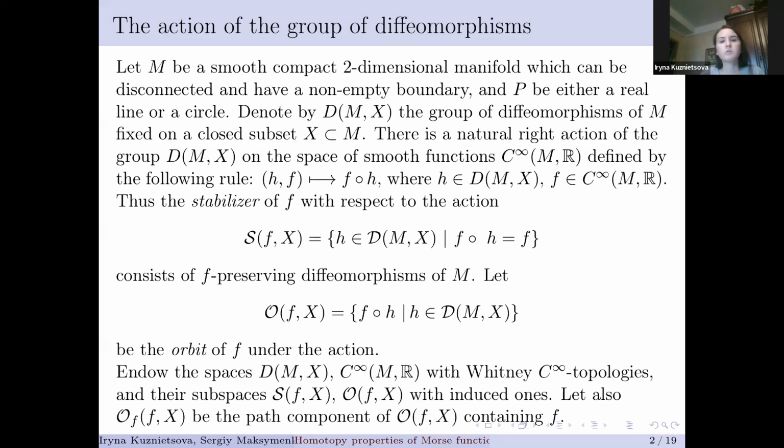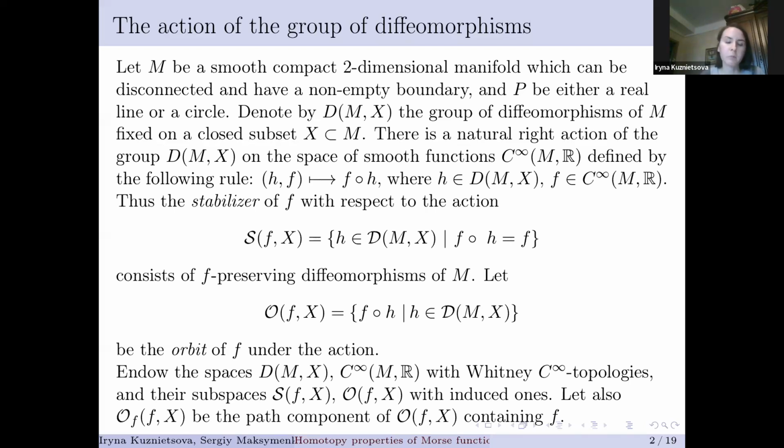So the stabilizer with respect to this action is the set of h from D(M, X) such that this composition f∘h equals f. So it's the f-preserving diffeomorphisms of M. And the orbit is just the compositions f∘h for all h from D(M, X).